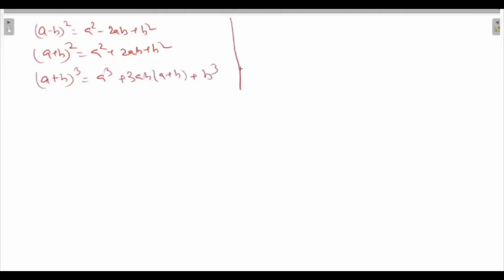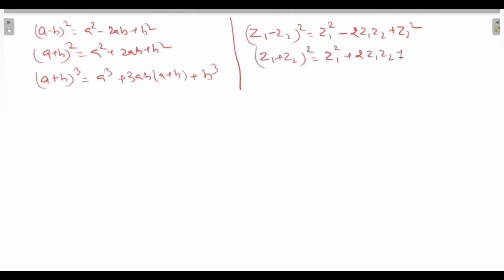Similarly, these apply for every complex number. So z1 minus z2 whole square would be z1 square minus 2 z1 z2 plus z2 square. Similarly, z1 plus z2 whole square is z1 square plus 2 z1 z2 plus z2 square, and z1 plus z2 whole cube is z1 cube plus 3 z1 z2 (z1 plus z2) plus z2 cube. All these are applicable here as well.